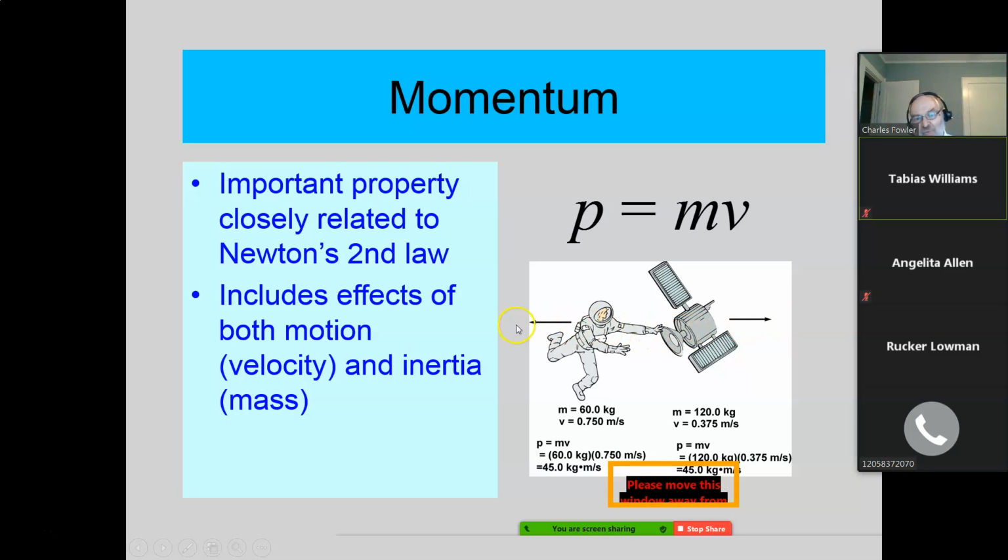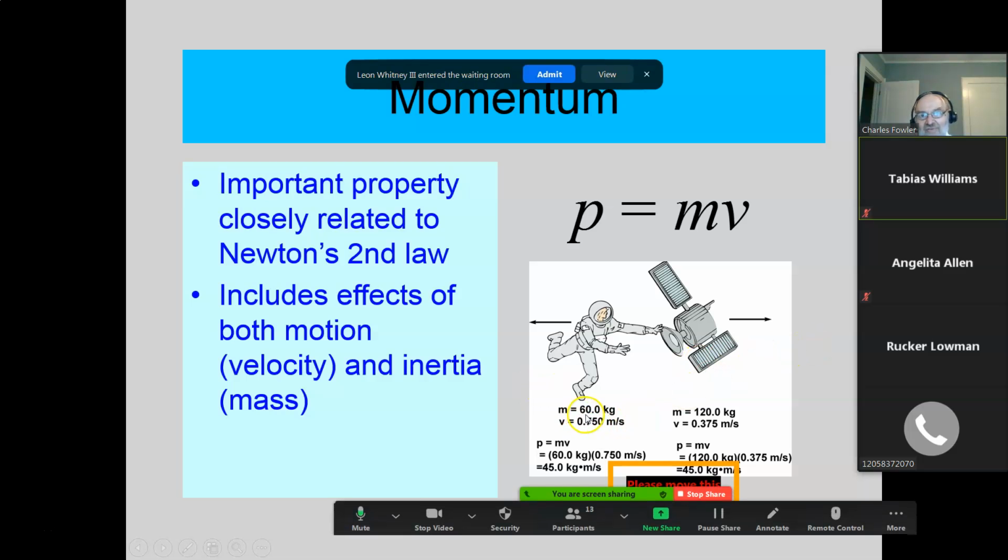The astronaut goes twice as fast as the spacecraft because the spacecraft is twice as massive. Okay? Now, before the astronaut pushed on the spacecraft, the momentum of the entire system was zero because it was the mass times no velocity. They were just hanging there. But as soon as he pushed, now he has momentum in this direction, the spacecraft in that direction.